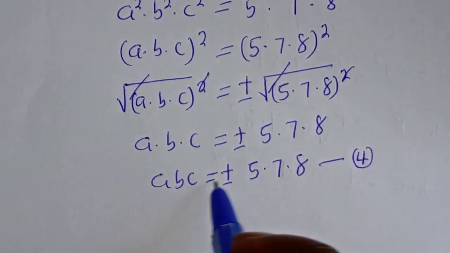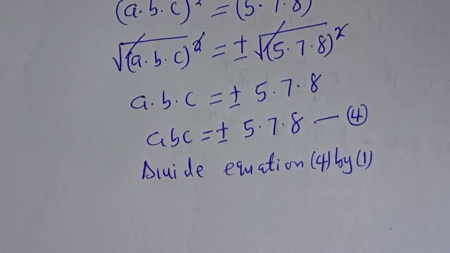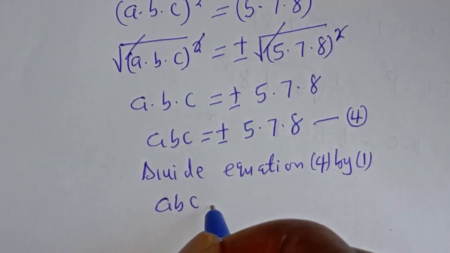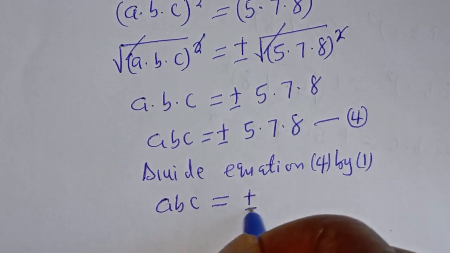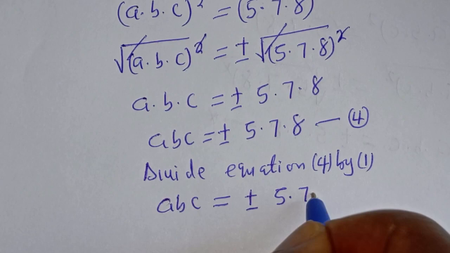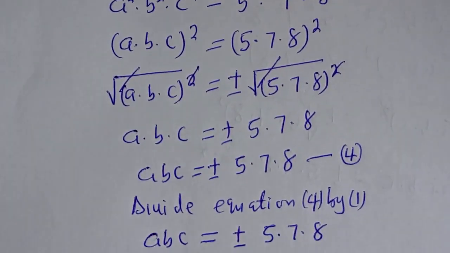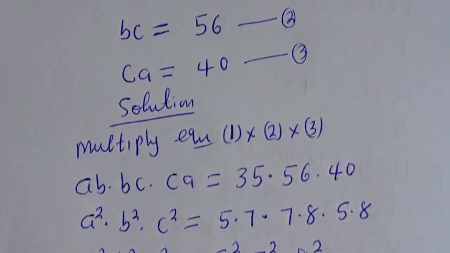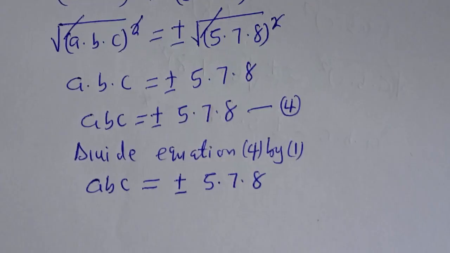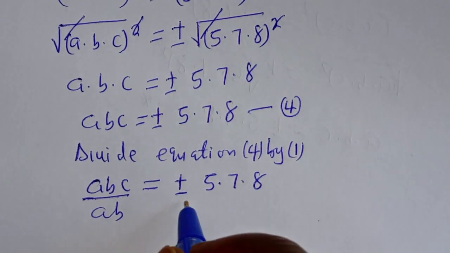Now let's divide equation 4 by equation 1. That is, equation 4 is ABC is equal to plus or minus 5 multiplied by 7 multiplied by 8, and equation 1, AB is equal to 35, over AB.